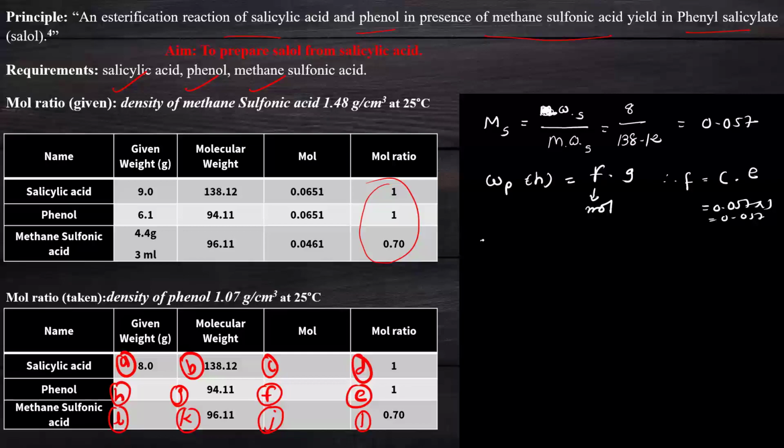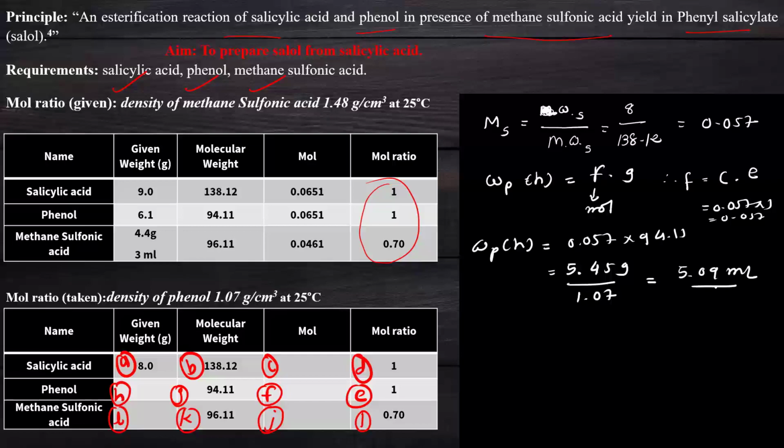So the weight of phenol, or H, is equal to 0.057 multiplied by its molecular weight, G, 94.11. That is about 5.45 gram. The density of phenol is 1.07, so we divide by the density of phenol and we get 5.09 ml. So we can take the phenol volume as 5.09 ml.